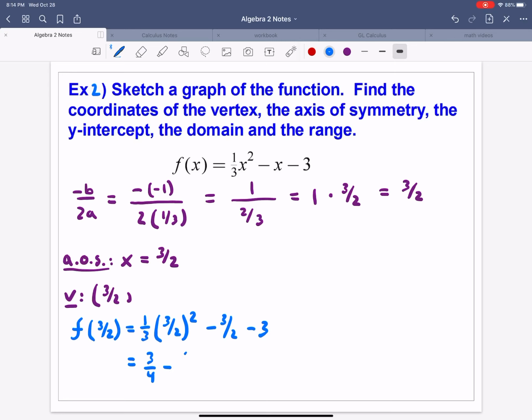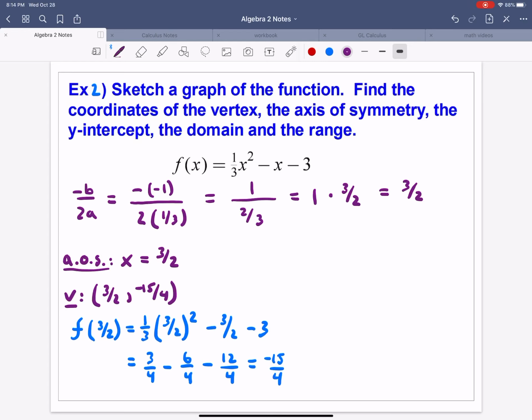Minus, I'm going to change this to 6/4, and then I'm going to change this to 12/4, just so I can have a common denominator and be able to identify what we've got here. So 3 minus 6 minus 12 is negative 15/4. So that is the y coordinate of your vertex, negative 15/4.